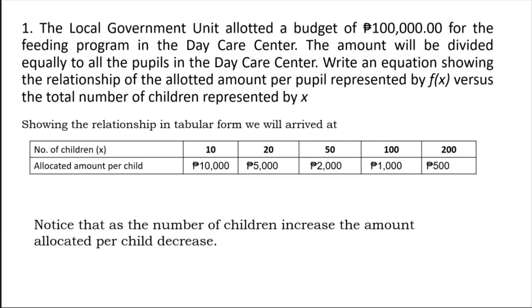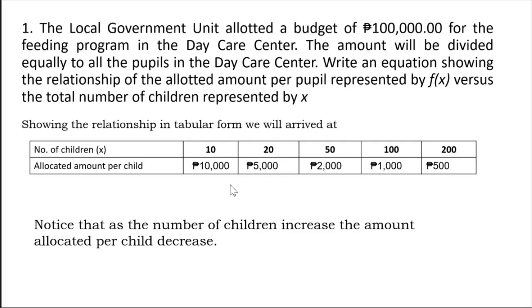So notice that as the number of children increases, the amount allocated per child decreases. So ano yung ginamit nating formula kanina? 100,000 divided by the number of children, represented by the x value. So may idea na tayo kung ano yung rational function na ilalagay natin.